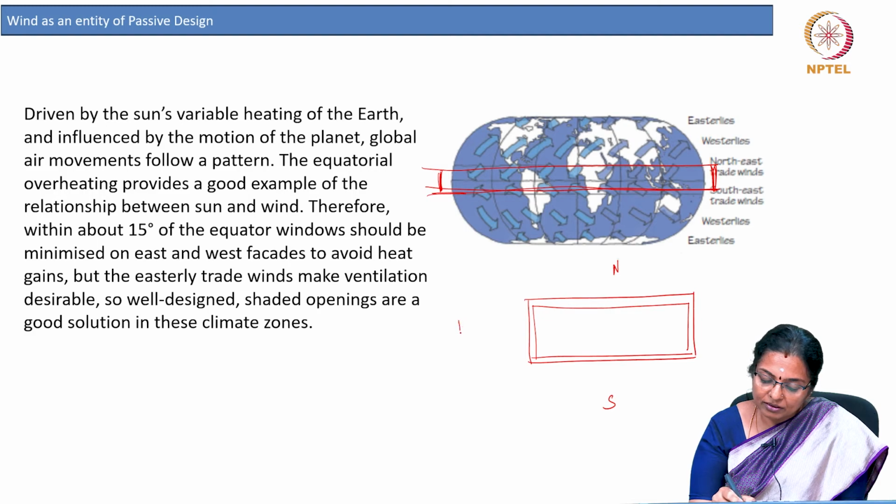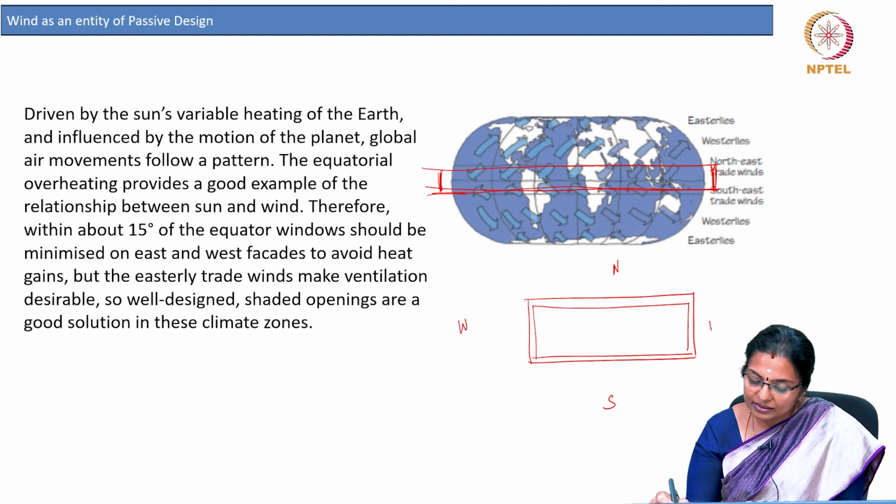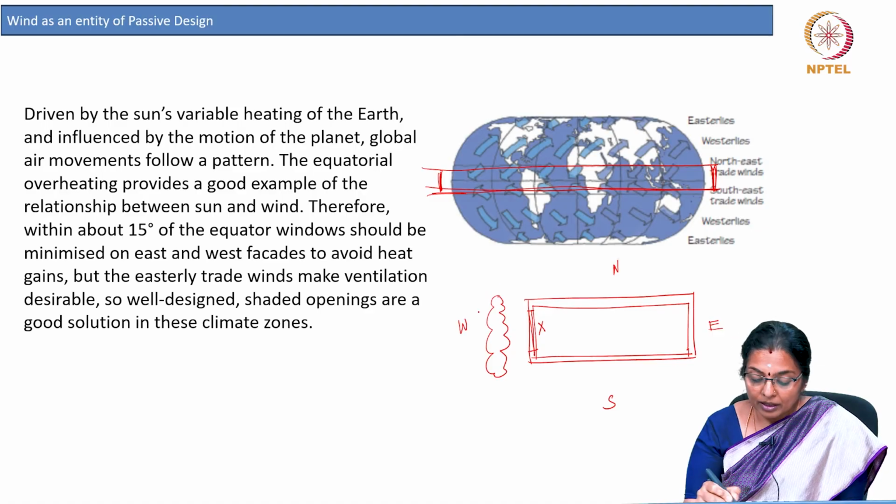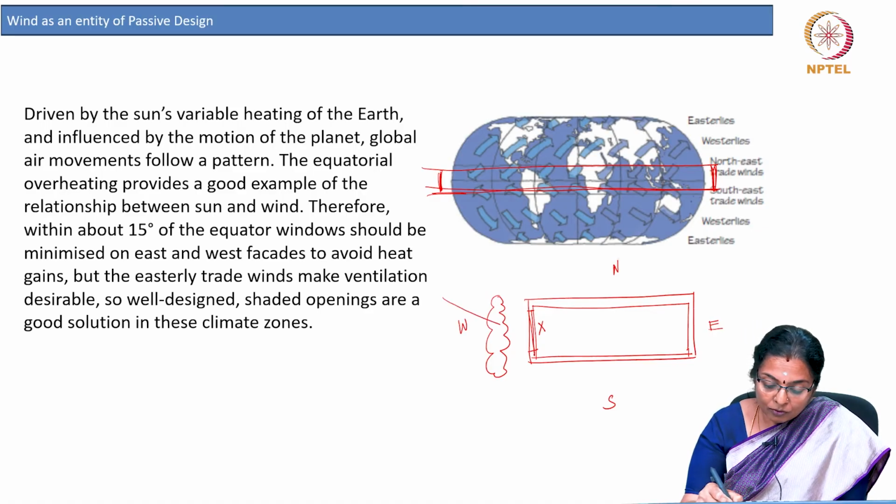so this is the west facade and this is the east facade. You should ensure that you do not have large openings, and you should also ensure adequate buffer, so that there is some kind of barrier for the solar radiation to enter.